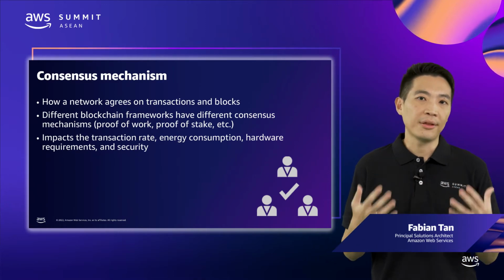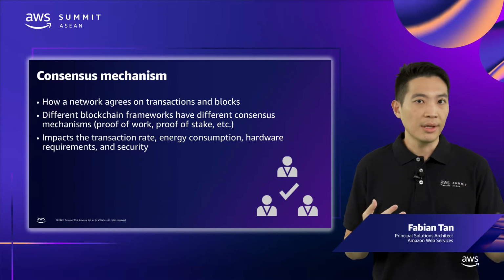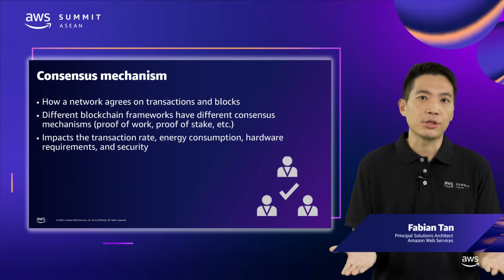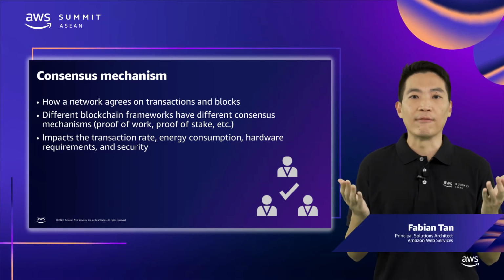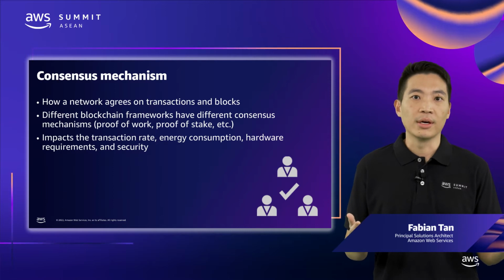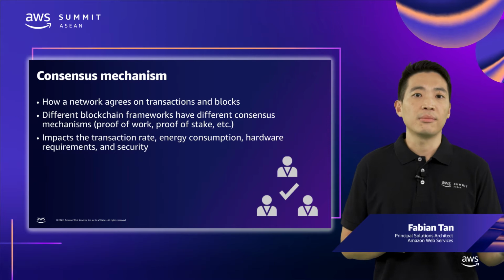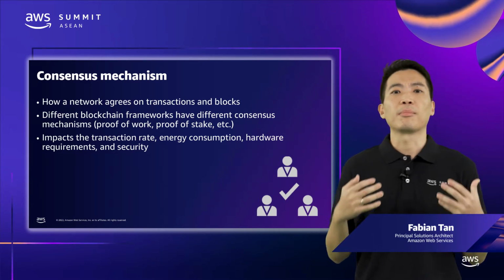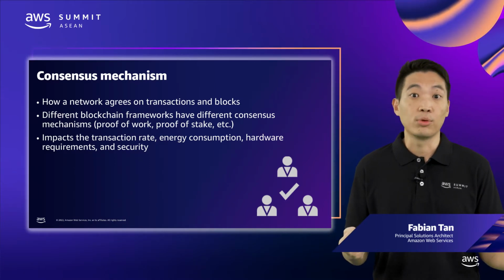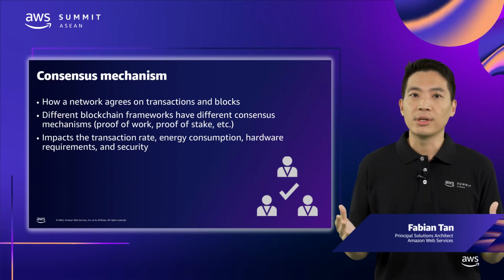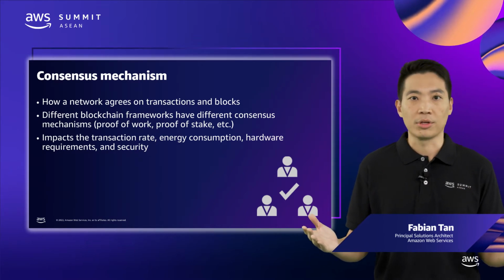Another important aspect of a blockchain network is the consensus mechanism. The consensus mechanism enables decentralized systems to work together and determine what constitutes a valid transaction, protecting the network against malicious actors. There are different types of consensus algorithms, and you may have heard of proof of stake, proof of work, and sometimes proof of authority. Different algorithms are needed for different types of networks, such as private versus public blockchains.